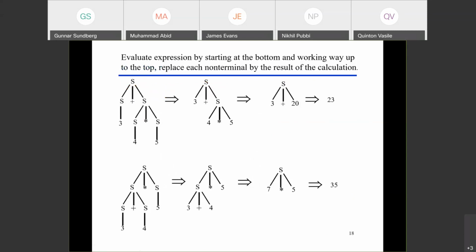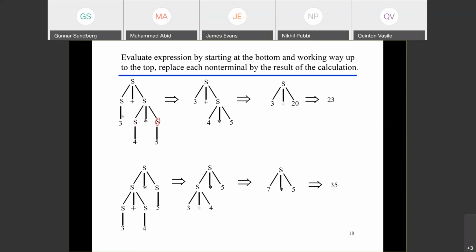And now we want to figure out the answer of this arithmetic expression. So what is the rule? Replace its immediate non-terminal with its terminal. The immediate non-terminal for this S is 4 and this S is 5.